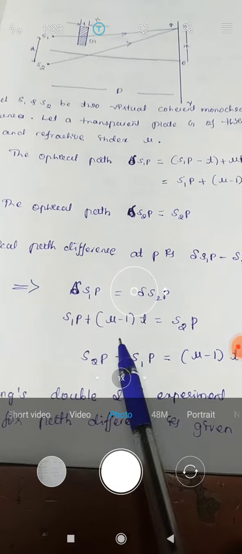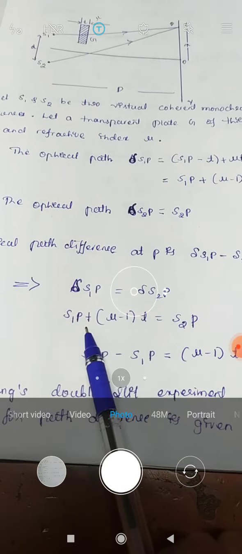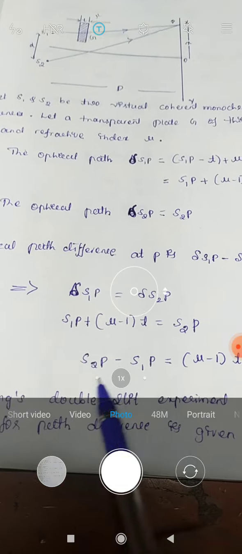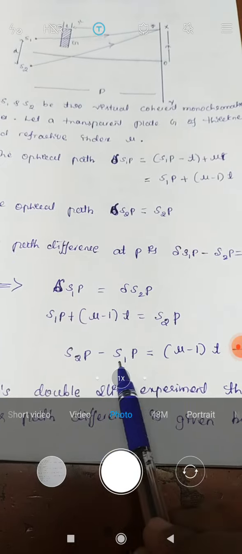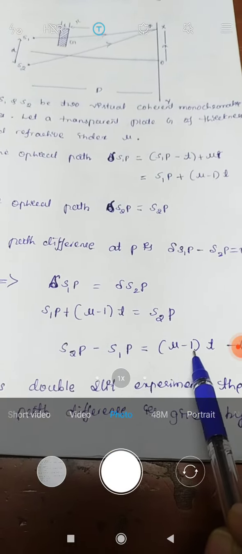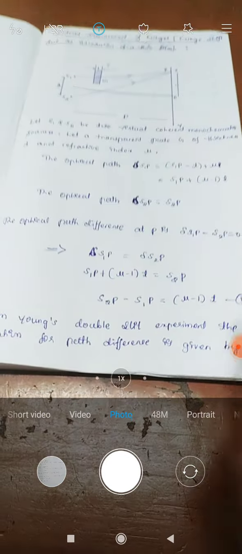So take S1P to the right hand side. Here we get S2P minus S1P is equal to (mu minus 1) into T. Consider this equation number 1.